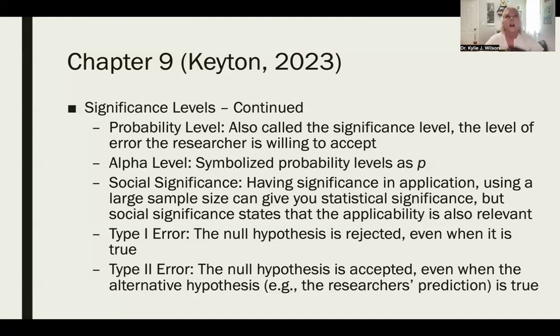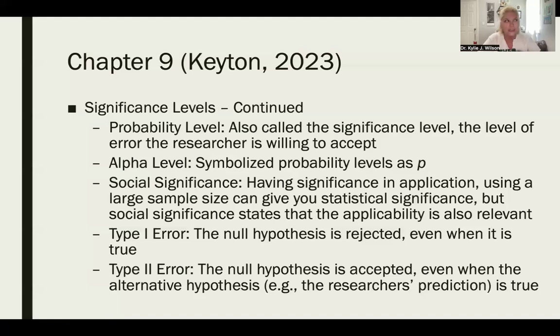Then we start getting into social significance. So we talk about having social significance in application. We have a large sample size, and that can give us statistical significance in our research. But social significance is going to state that the applicability is also relevant. We've talked about skewing the numbers in your favor, where you survey 10,000 people and find a really small significance, but it's there.